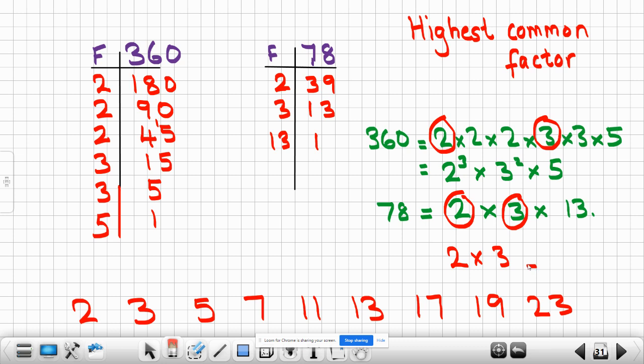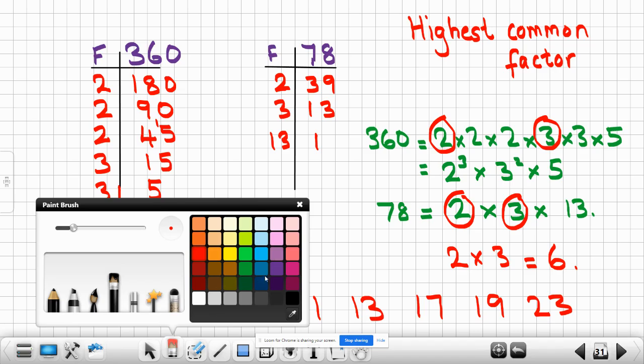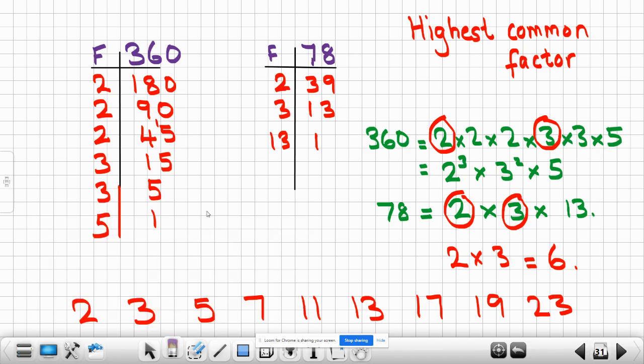So their highest common factor is 6. And we would usually just use the abbreviation HCF equals 6. So although they're big numbers, they have a very small highest common factor.